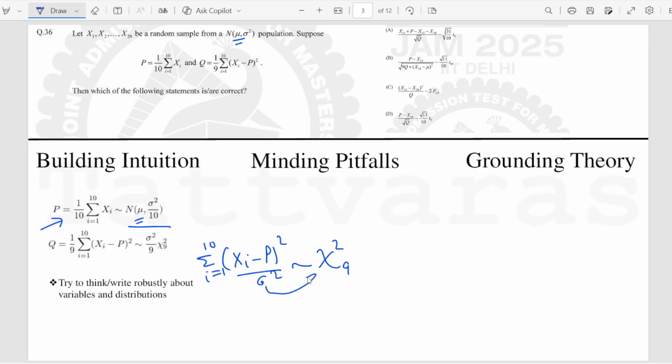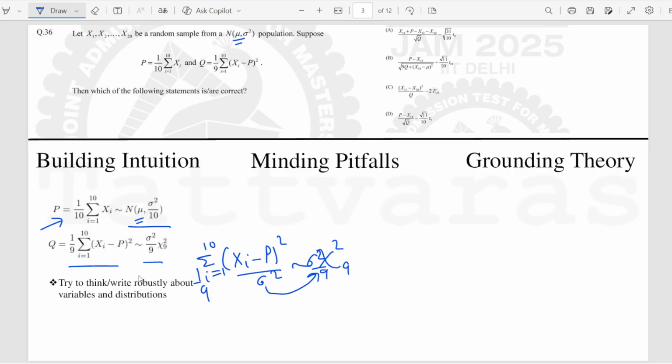For instance, the sigma square can go over here, and when we scale it by a factor of 1 by 9, we get this sigma square by 9. And essentially this is the statistic, and it can be represented like this also.